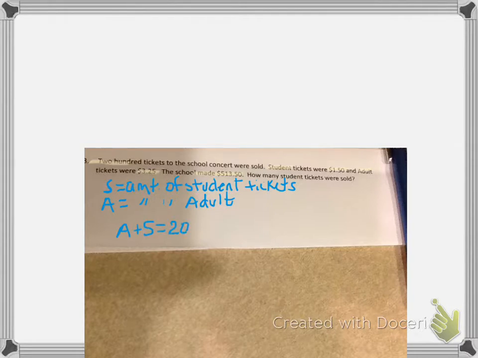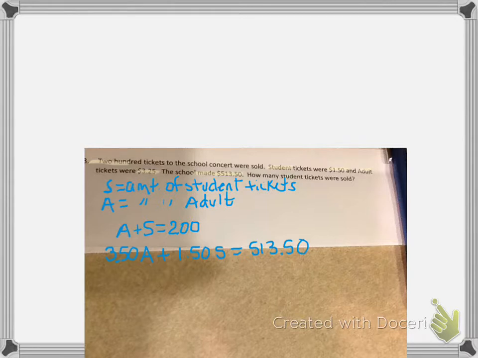That's my first equation. My second equation has to do with money. I know that adult tickets are $3.50. So I could take $3.50 times however many adult tickets there are, and add that to $1.50 times how many student tickets there are, and that should equal the $513.50 that they made.